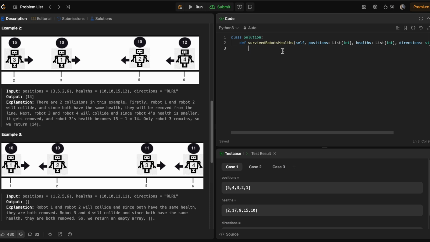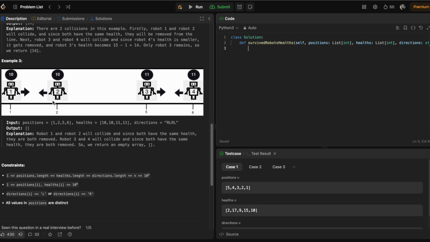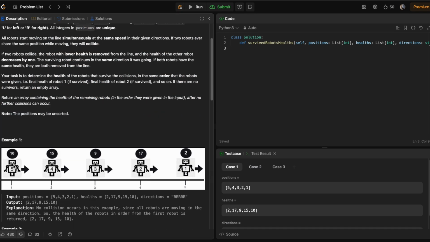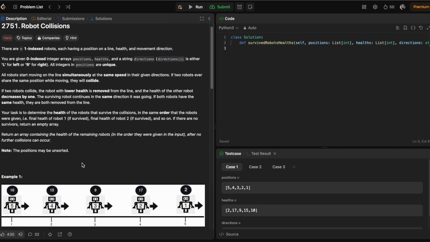Okay, this might be extremely ugly, but here, let's do this. Oh, and I don't think the fact that the robots are 1 indexed really does anything in this problem, because all we really need is the order of the robots. It doesn't matter if the order's 0 indexed or 1 indexed. But we'll see, maybe something comes up.